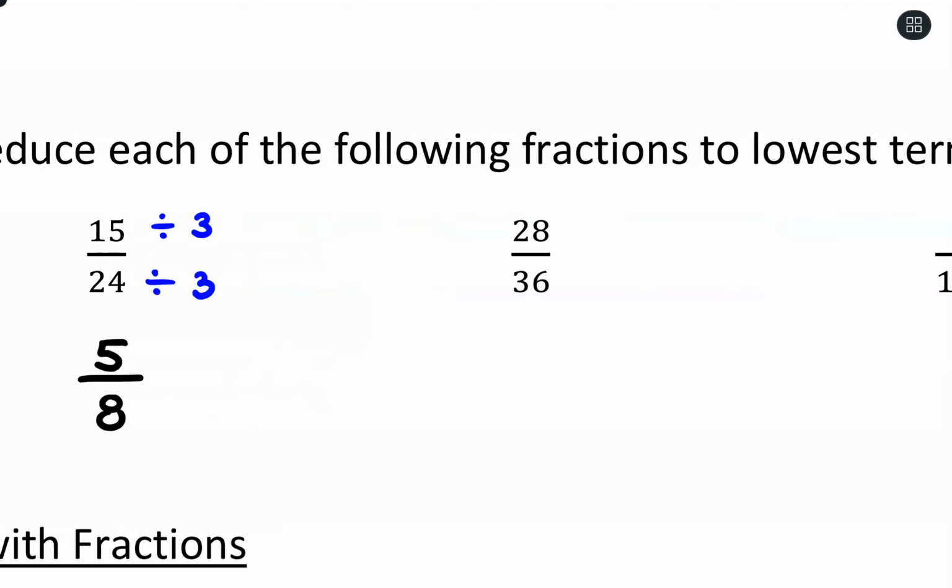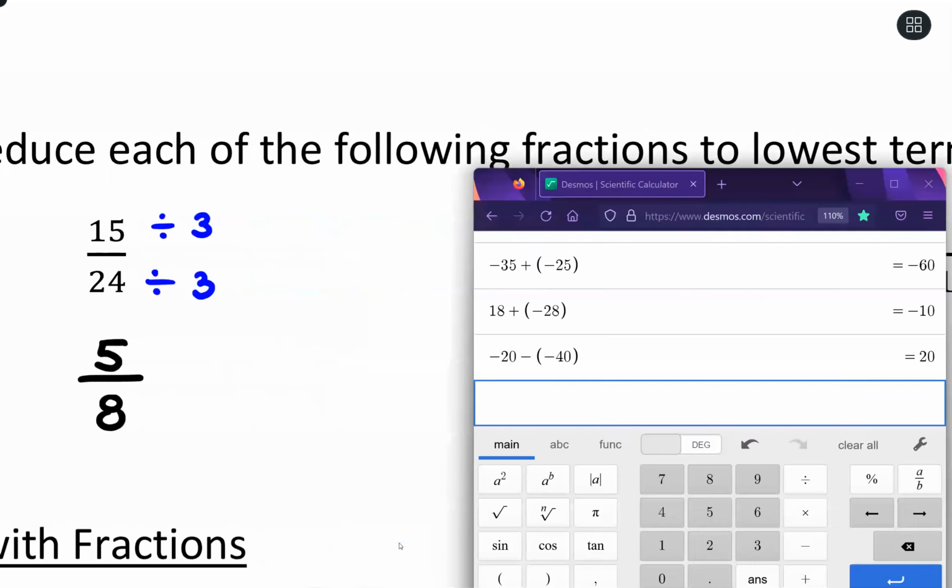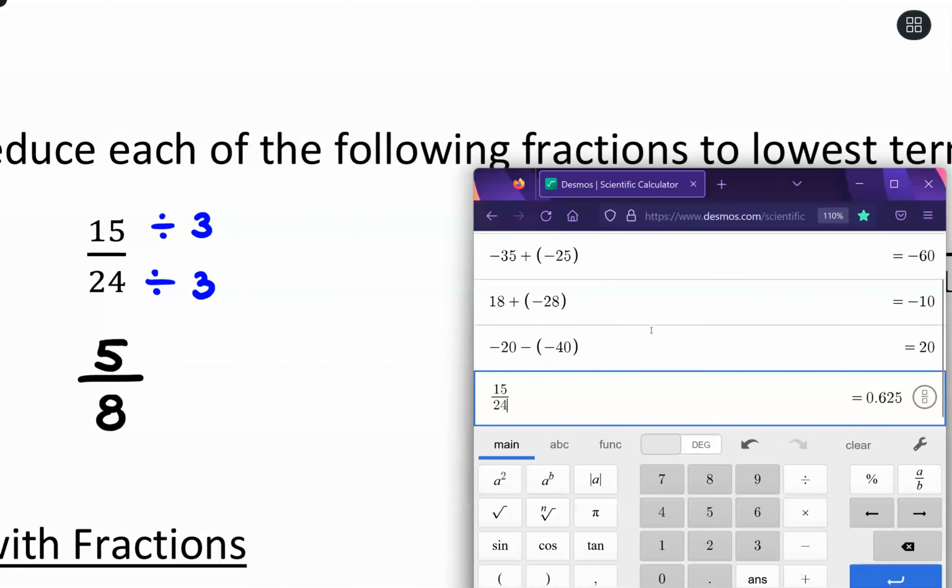Now, how the calculator will support us. I'm going to go to our Desmos scientific calculator, and I'm going to type in 15 divided by 24. What you'll see is that right now it's giving me a decimal. It's telling me 0.625, which is absolutely correct. And sometimes we will need the decimal for our values.